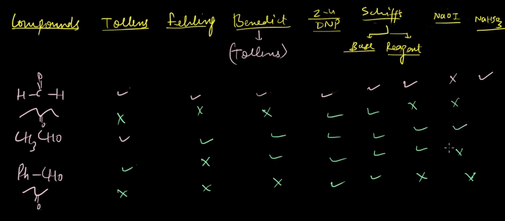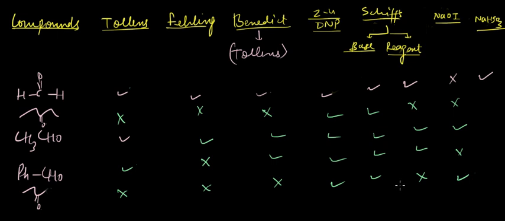And for this compound it is possible, right? Because it has this CH3 group, which has 3 alpha hydrogens. So it would be possible for this compound. What about reaction with NaHSO3? Reaction with NaHSO3, as we saw in the last lecture, will not be possible for compounds which are not either aldehyde or ketones with a methyl group attached.